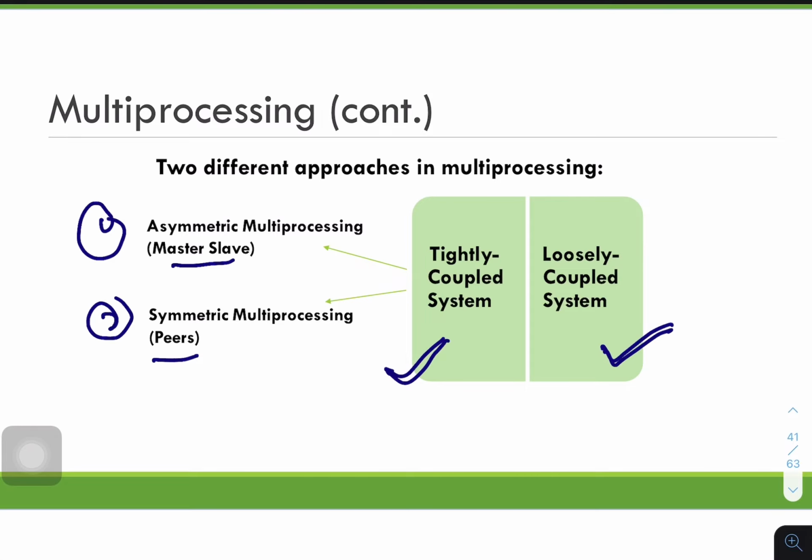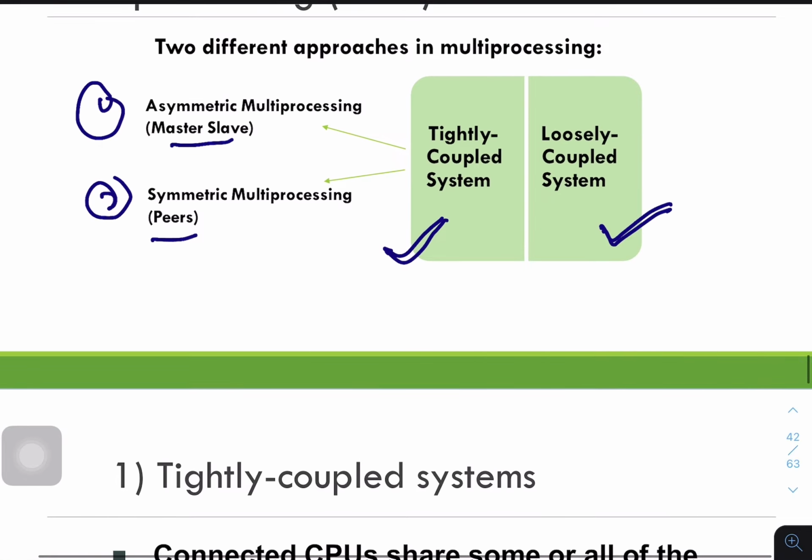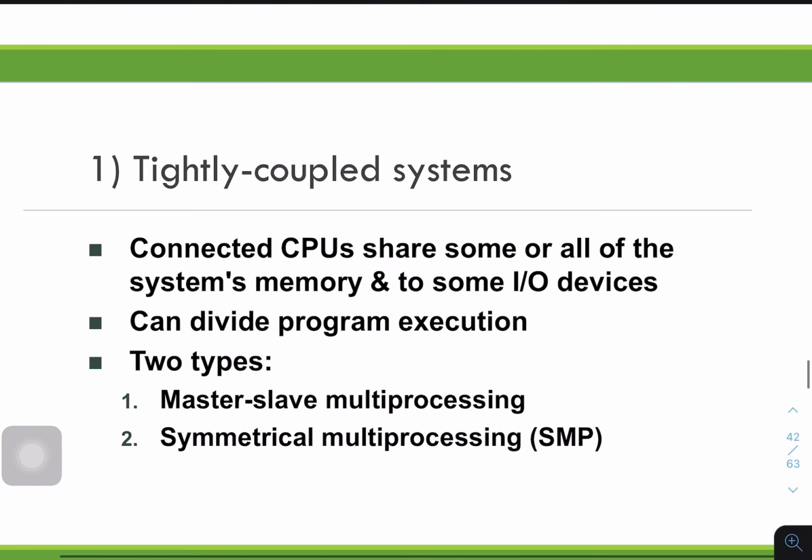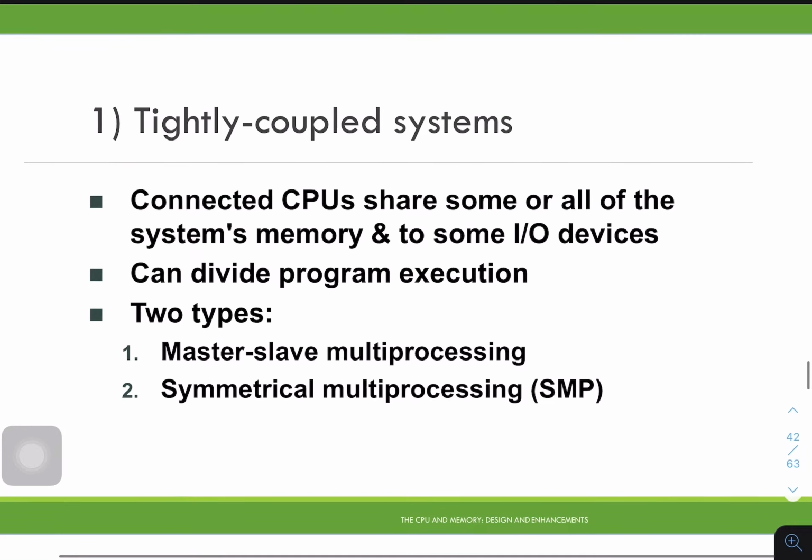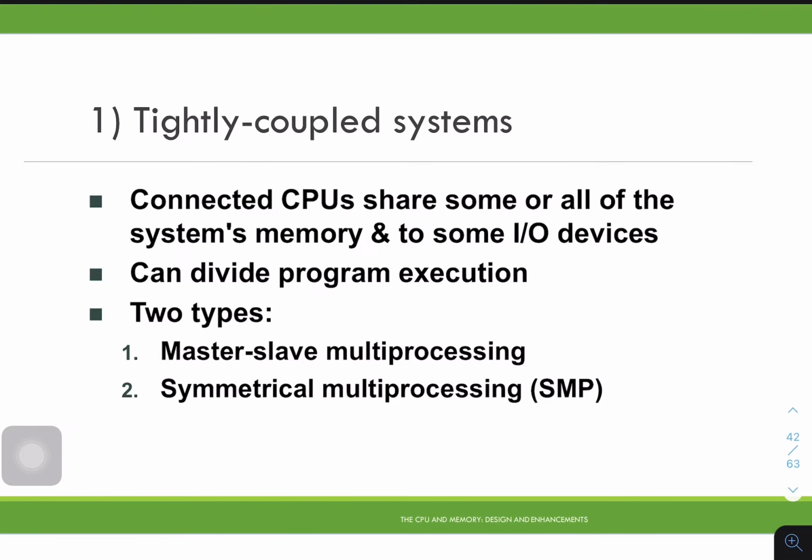So let's take a look at the tightly coupled system first. In a tightly coupled system, the CPUs are connected together, and they share some or all of the system memory and some input-output devices.